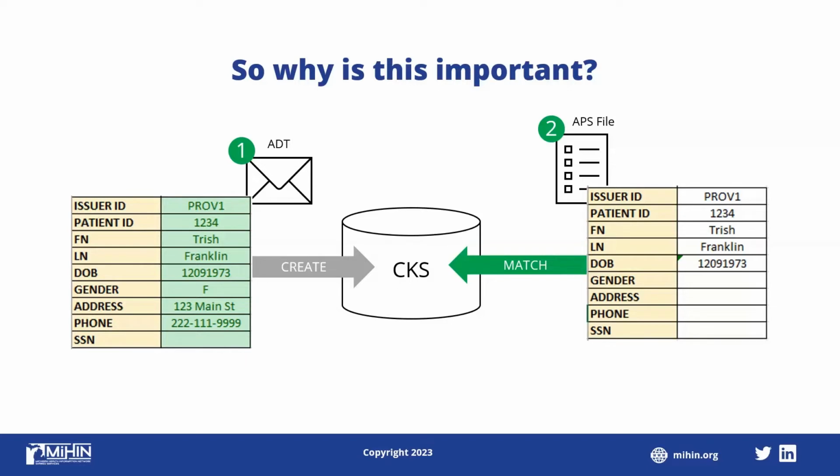And it's going to be a process. We're going to have to work with each sender of data to understand how to map their assigning authorities for their local IDs. But the benefit will be higher confidence matches and a higher match rate across our data sources.